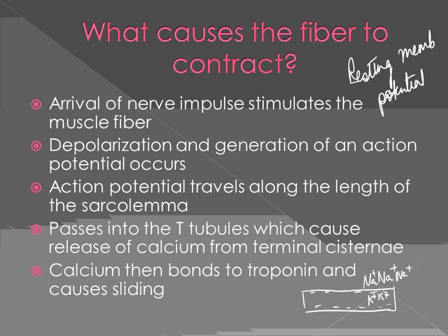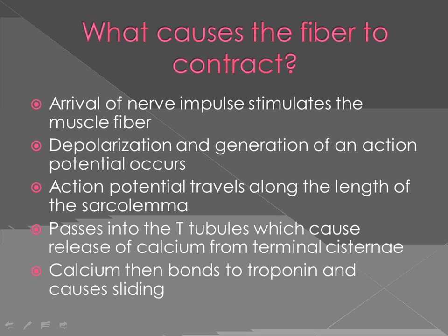However, there is more sodium outside than there is potassium inside, so we say that the inside is less positive compared to the outside, okay? That's the norm. So that is what is known as the resting membrane potential. So that means there's a voltage difference between the outside and the inside, the outside being more positive compared to the inside.